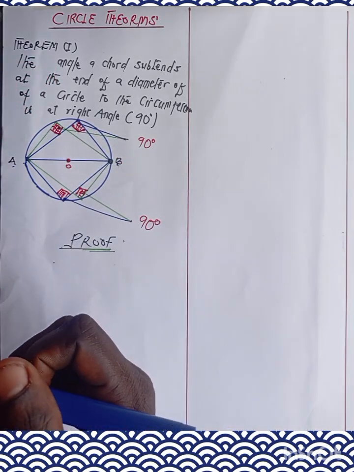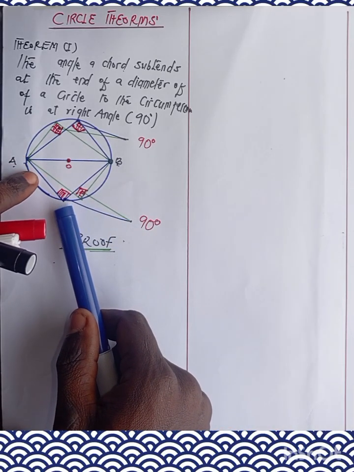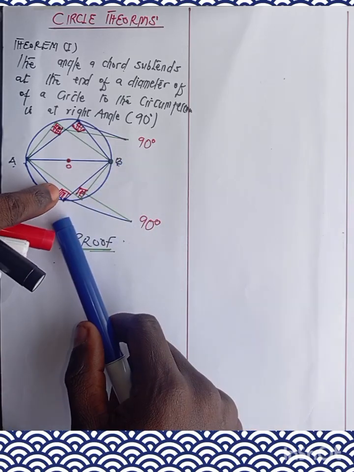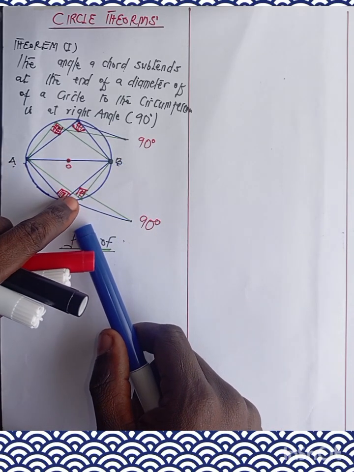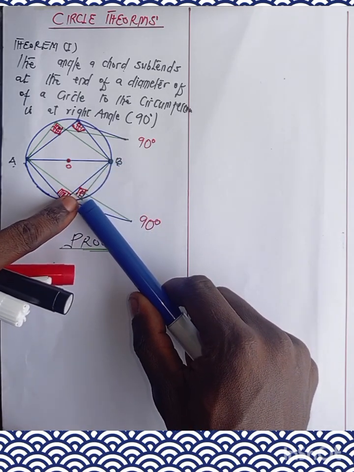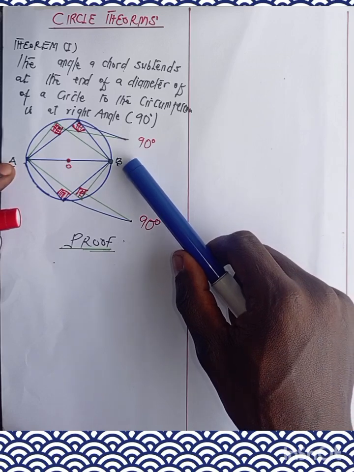Still the property holds, or the theorem holds. So you can see down here, the line with blue, the angle created here is 90 degrees, and then the line indicated with green also shows that the angle here is 90 degrees, because they are all subtending from the ends of the chord AB.